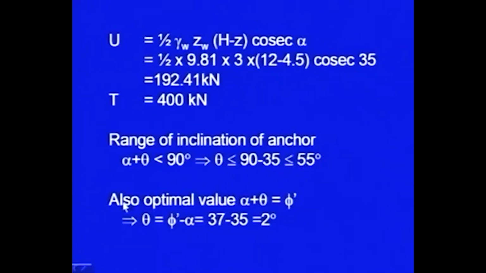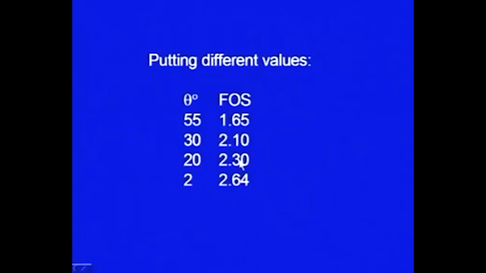Also, as I told you, the optimal expression is available with us. So, for the optimal value, alpha plus theta should be equal to phi dash, and from here theta is equal to phi dash minus alpha, which comes out to be equal to 2 degrees. So, now everything is available for that expression, and simply we have to put in the values for different angles.